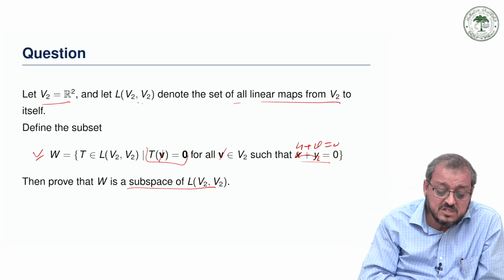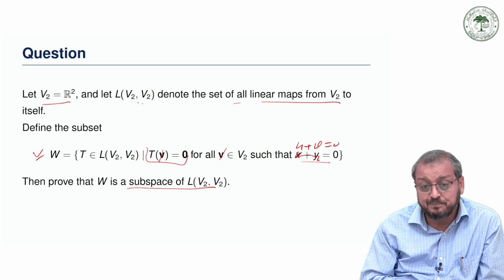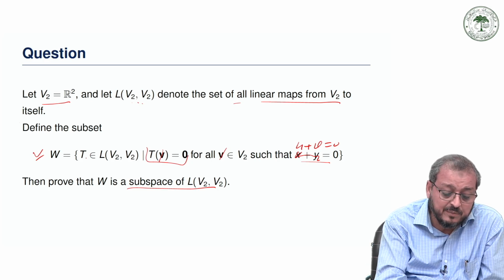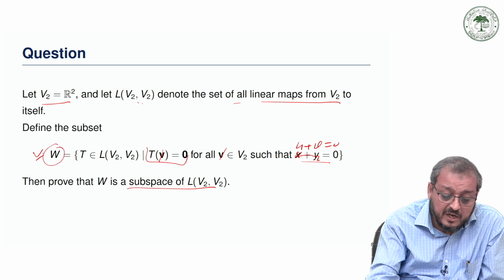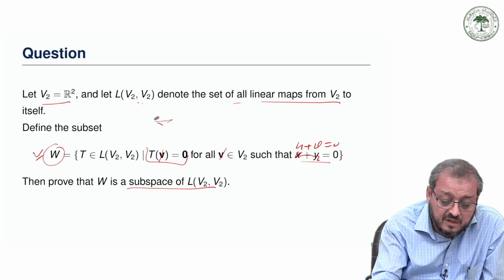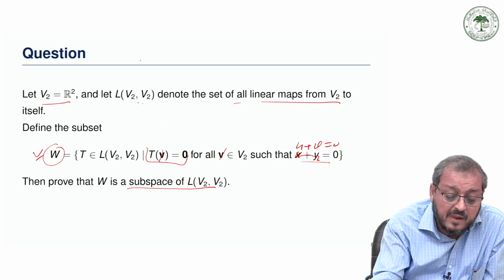So for a subspace we have to show that there exists at least one linear map which belongs to W. So we have to show these conditions. One: W should be non-empty.